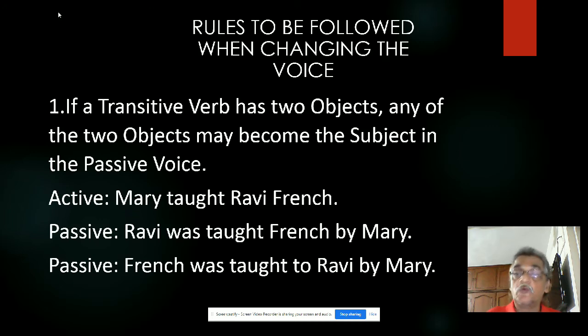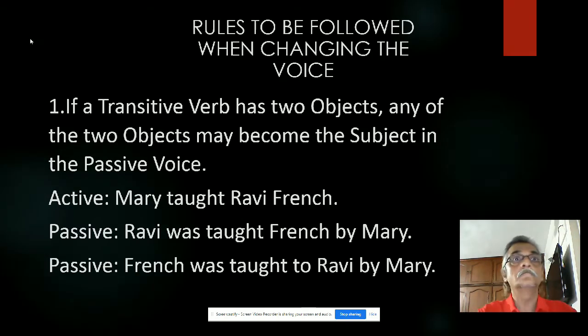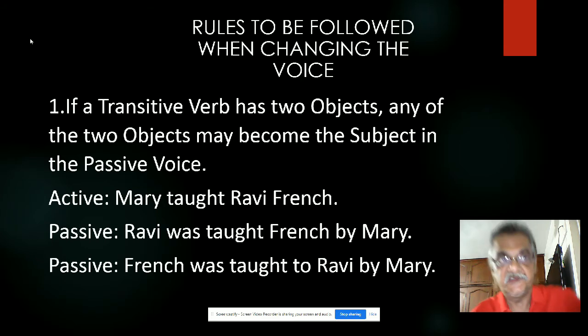Now let's look at the rules that have to be followed when changing the voice. The first thing, if there is a transitive verb which has two objects, any of the two objects may become the subject in the passive voice. Now let's look at the examples.